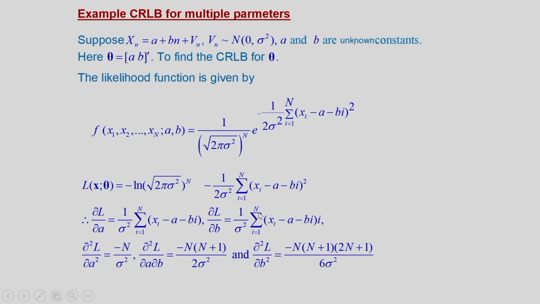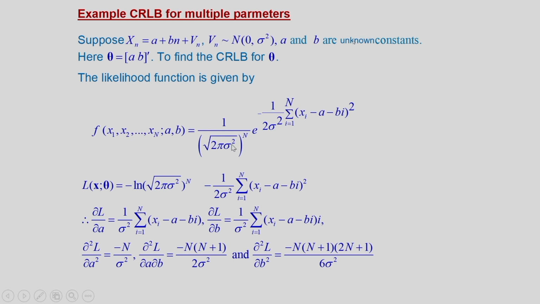Because the vn's are independent, we can write the joint PDF, that is the likelihood function, as 1 by root over 2 pi sigma square to the power n, into e to the power minus 1 by 2 sigma square, summation of xi minus a minus bi whole square, i going from 1 to n.